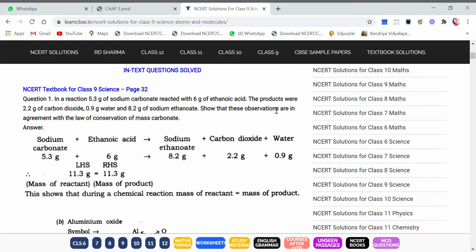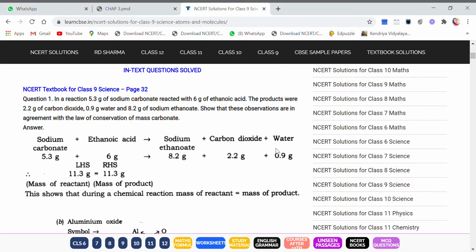So these are the two reactants. Then the products that are formed are 2.2 gram of carbon dioxide, 0.9 gram of water, and 8.2 gram of sodium ethanoate, right? So using the question, I have written the whole equation like this.